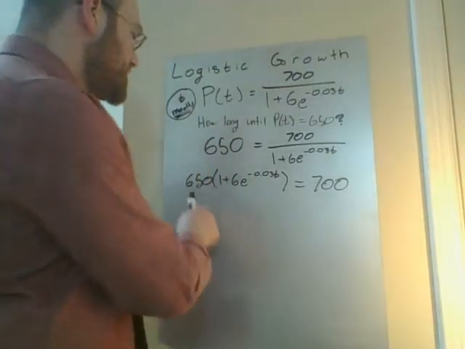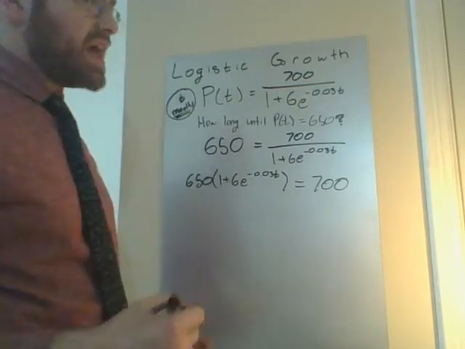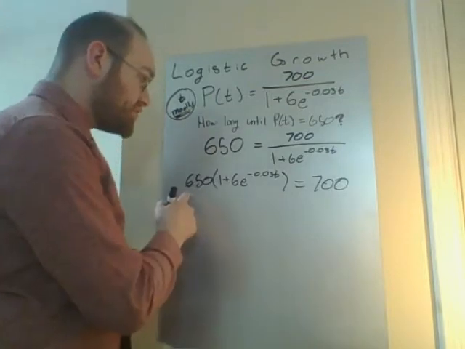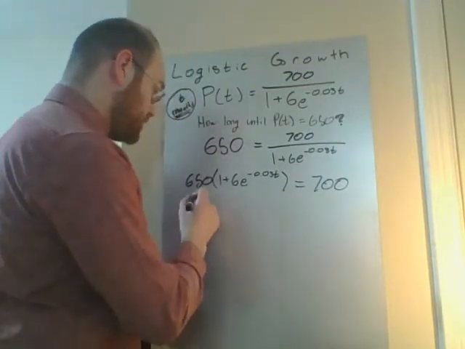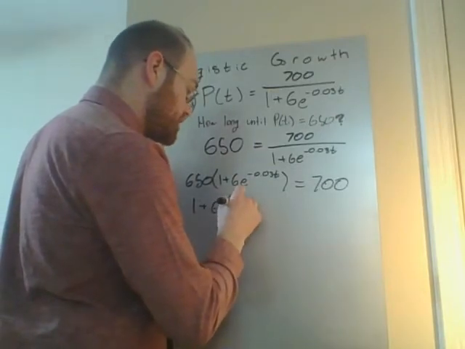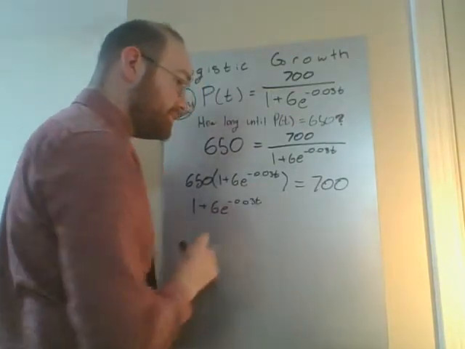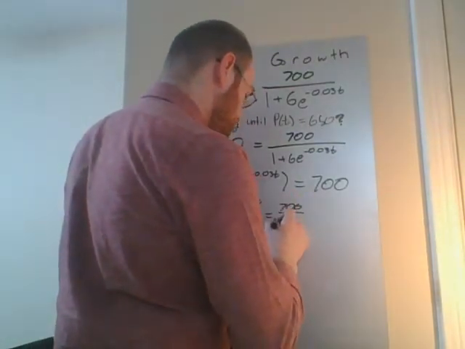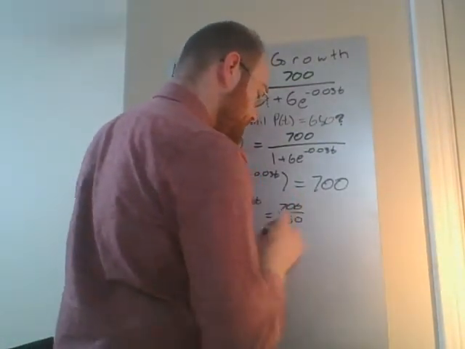Now we could distribute this, but I don't want to have to multiply more numbers than I need to. So instead, let's just divide both sides. So we have 1 plus 6 times e to the negative 0.03t is equal to 700 divided by 650.